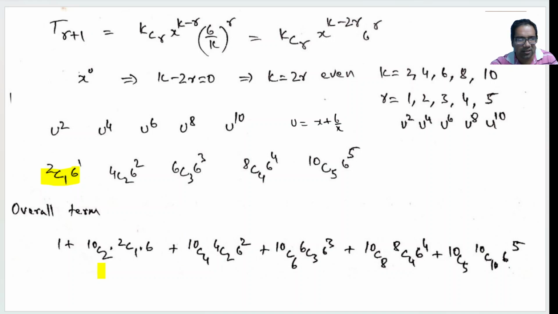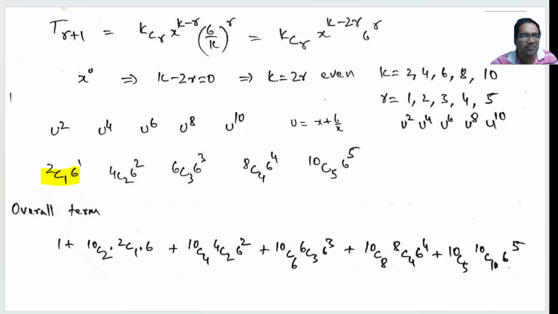Please notice this: 2, 4, 6, 8, 10, and then 2C1, 4C2, 6C3, 8C4, 10C5, and 6 goes from 6, 6 square, 6 cube, 6 power 4, 6 power 5. This is the overall term.